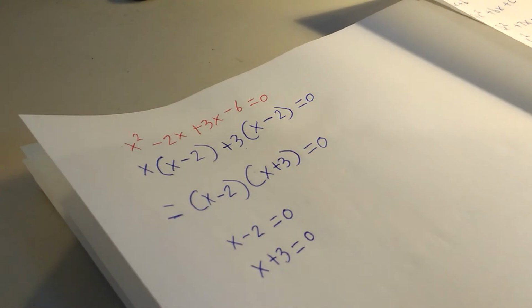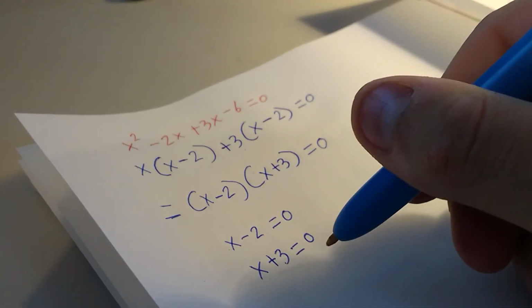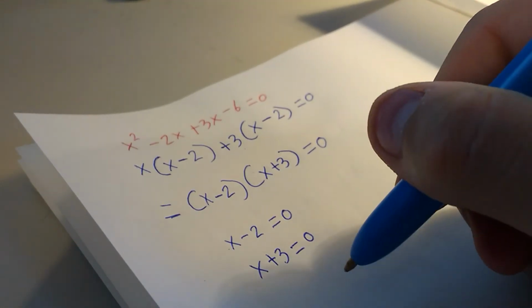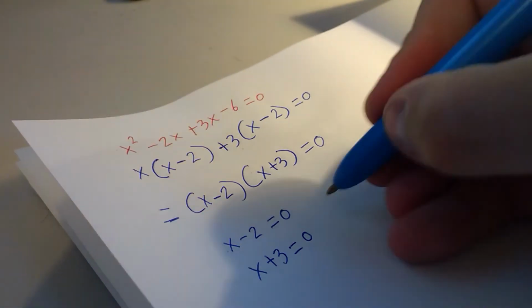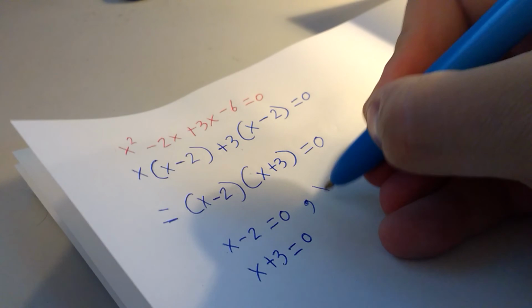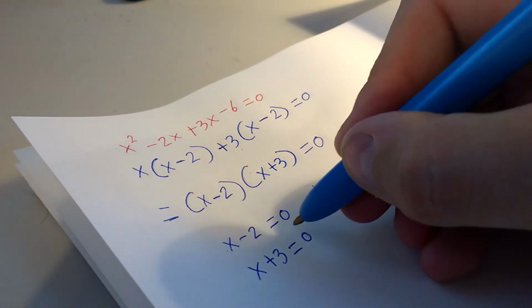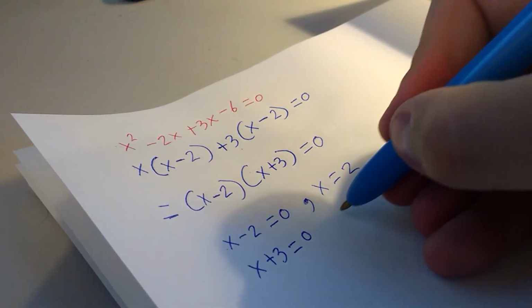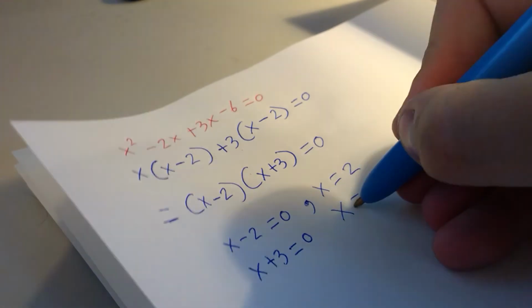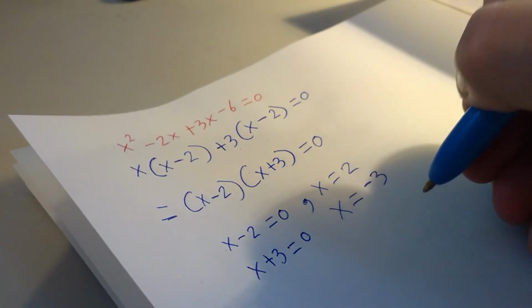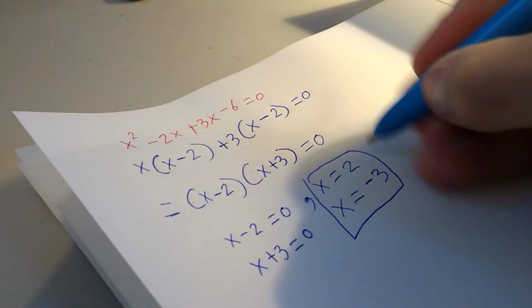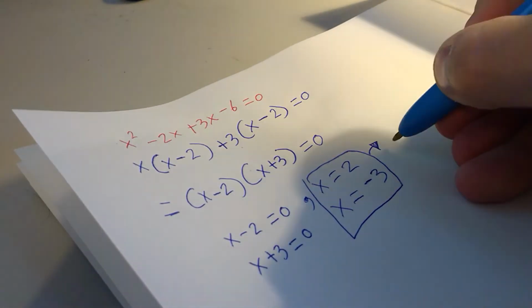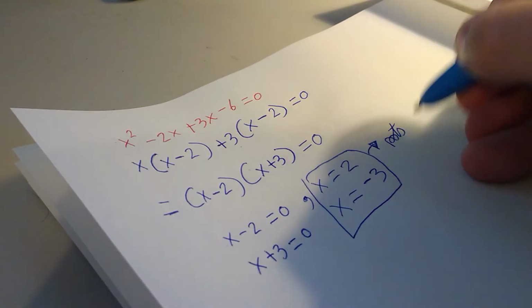Then we solve for x the same way as we did in our linear equation back in the first part of this lesson. So for this case, x is equal to 2. We take our negative term over, make it positive, and x is equal to minus 3. These two answers are what we call the roots of the quadratic equation.